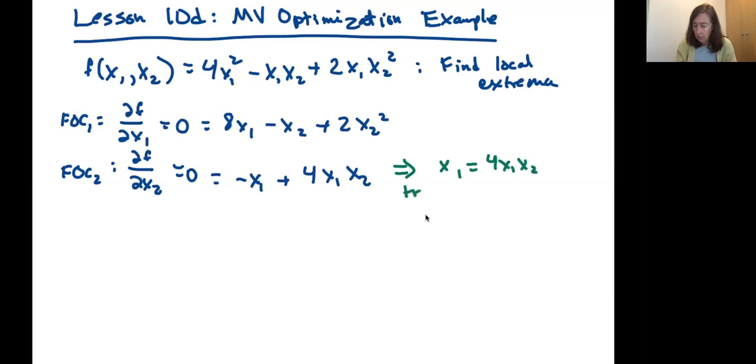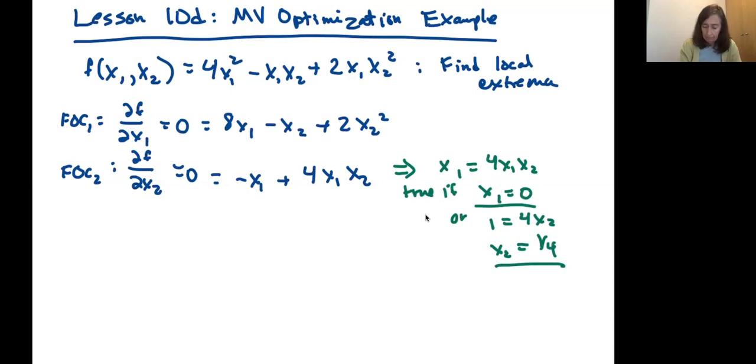I'm going to observe that this is true if x1 equals 0, right? That would make it true. If x1 doesn't equal 0, I can divide it out, and in that case, I'm left with 1 equals 4 x2. So the other thing that can make it true is x2 equals 1/4. Okay, so two cases to think about here. Let's call this case A and case B.